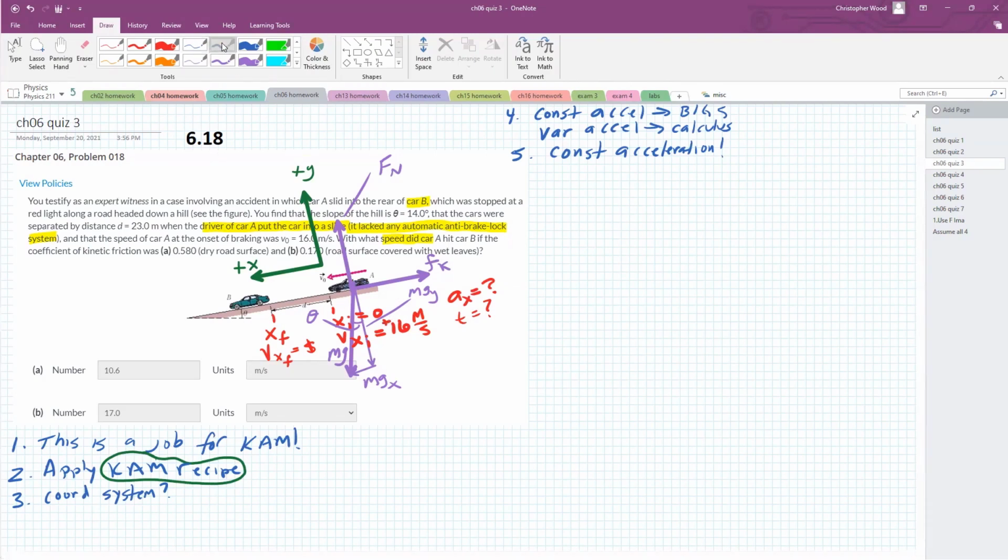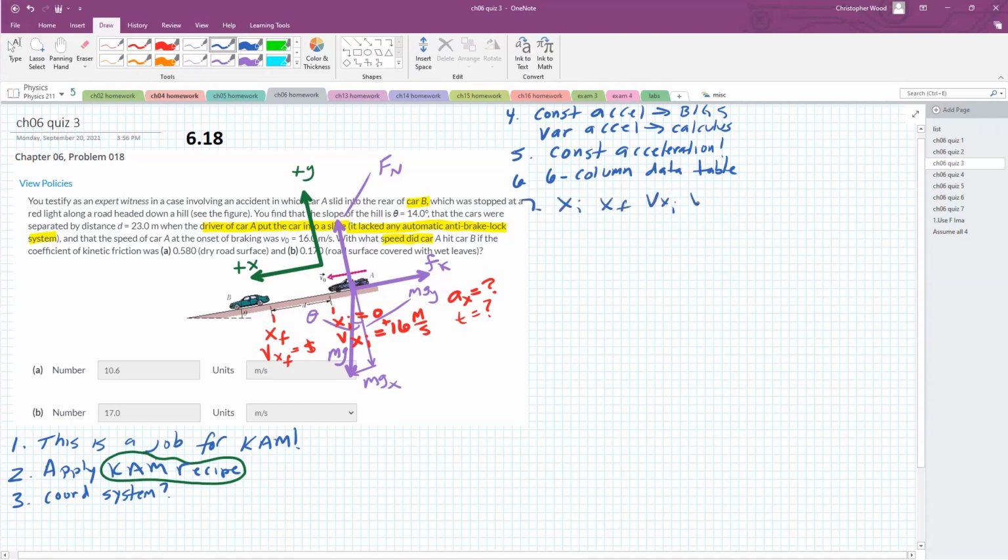So this is constant acceleration kinematics, which means you now use a 6-column data table, just like always: X initial, X final, Vx initial, Vx final, A sub X, and T.